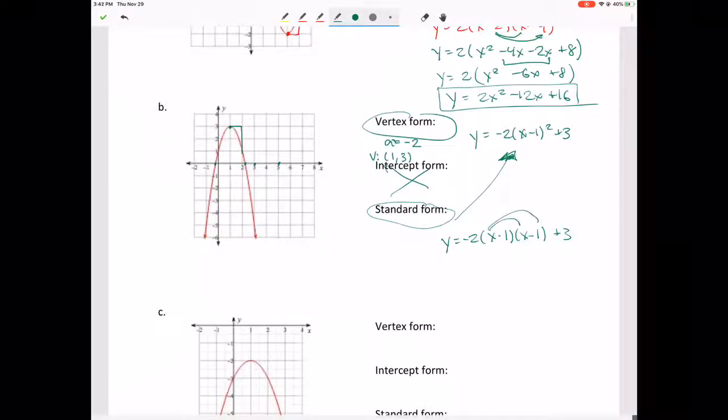And would FOIL. y equals negative 2 times x squared minus 2x plus 1 plus 3, so that's still there. And then we distribute that negative 2, equals negative 2x squared plus 4x minus 2 plus 3, and then combine these two like terms, and you're done.